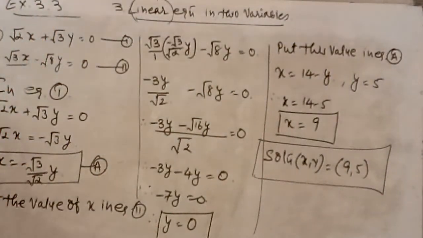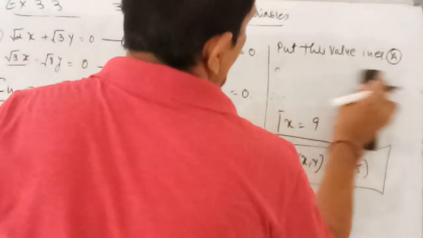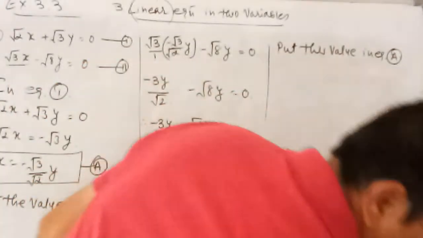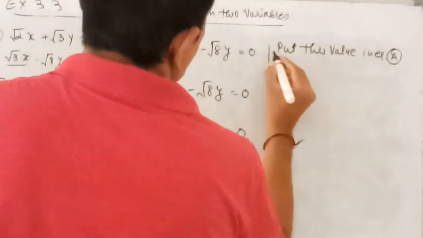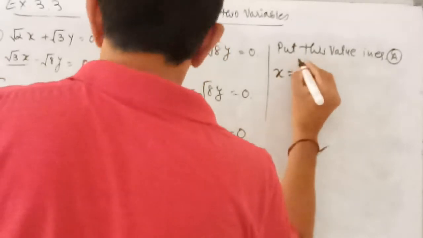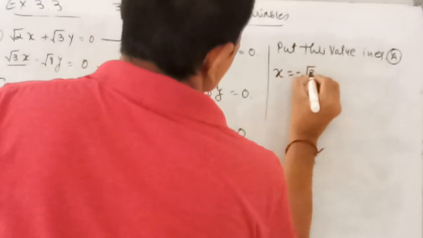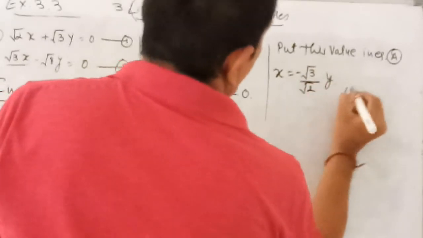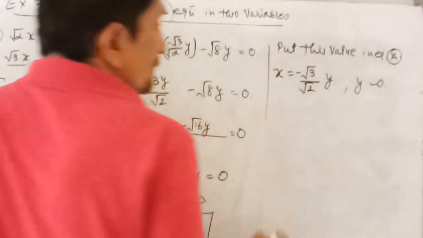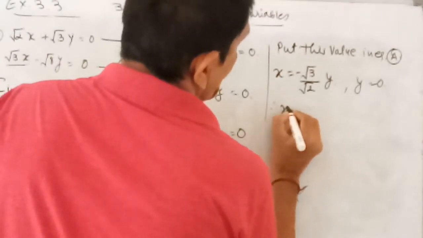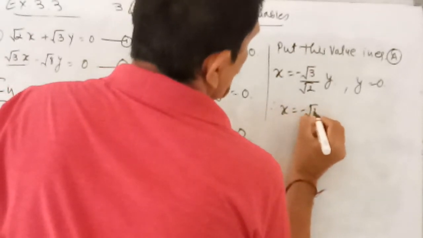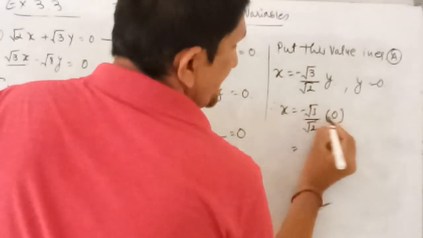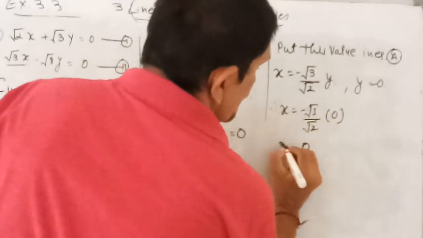Put this value in equation A. So here x is equal to minus root 3 upon root 2 into y, and where y is equal to 0. So therefore x is equal to minus root 3 by root 2 into 0. Anything into 0, the answer is 0.